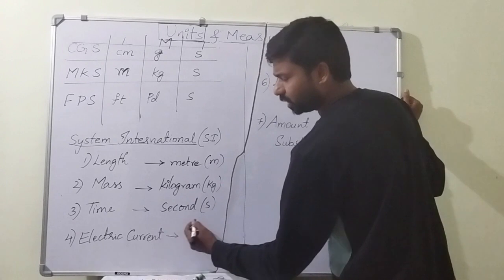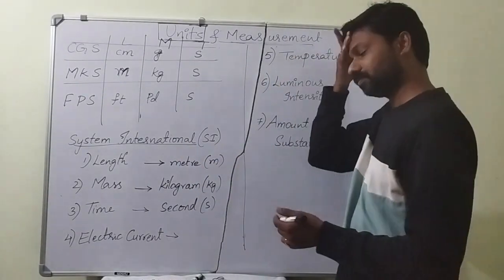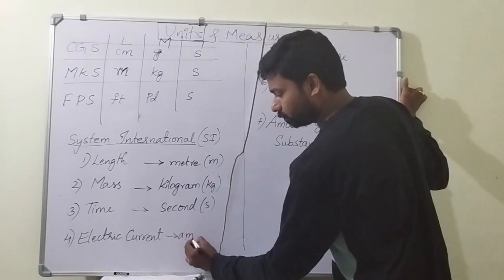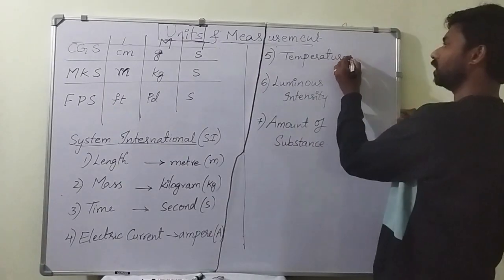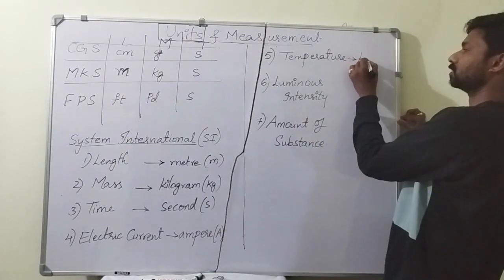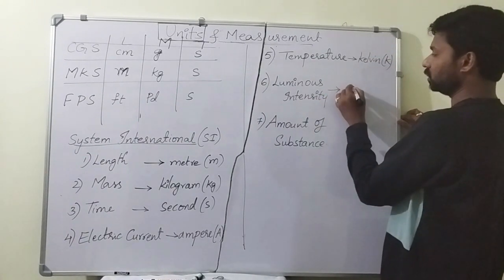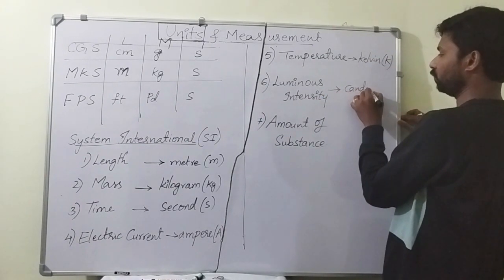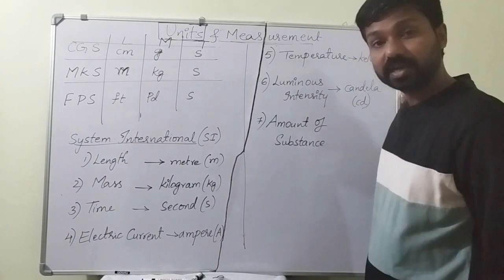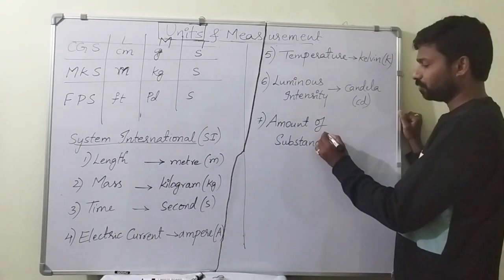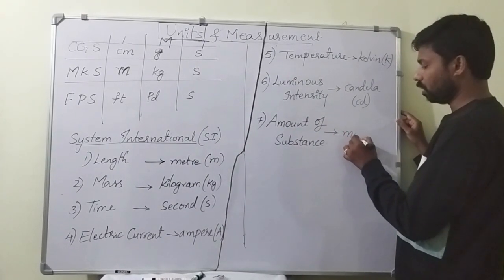Electric current, you already know from class 10, is measured in ampere, capital A. Temperature is measured in kelvin, capital K. Luminous intensity, I don't know how many of you have heard this, is candela. Next, amount of substance is measured in mole.